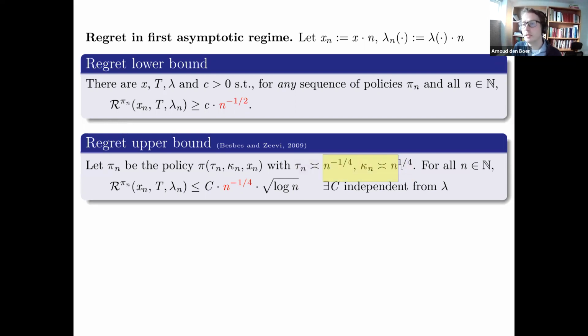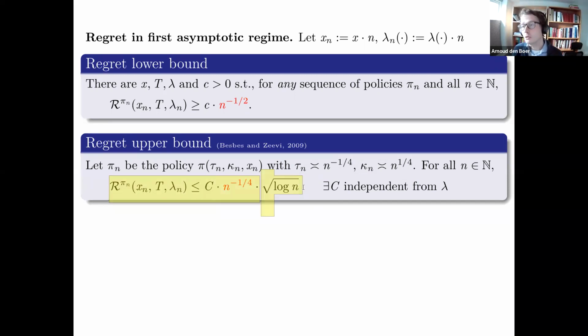If you tune them in the right way, you can show that the regret achieves this rate. Remember that here the regret is the relative regret, because we divide by this J^D. So this would be n to the power 3/4 in the usual absolute cumulative regret.